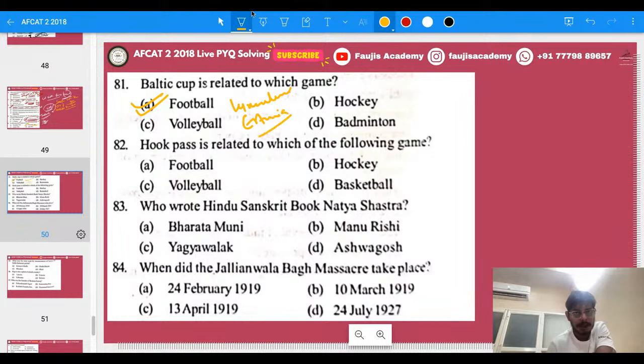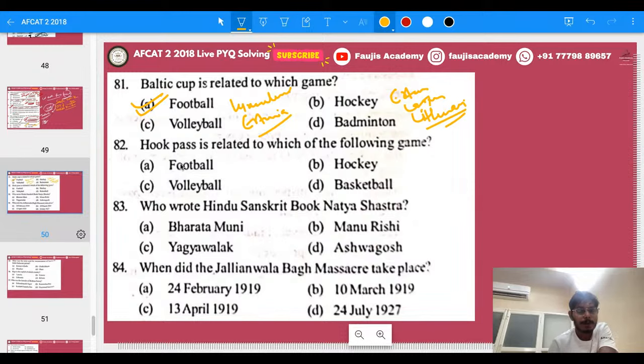The Baltic nations are Estonia, Latvia, Lithuania, not Luxembourg. These are small states in Europe that make up countries.